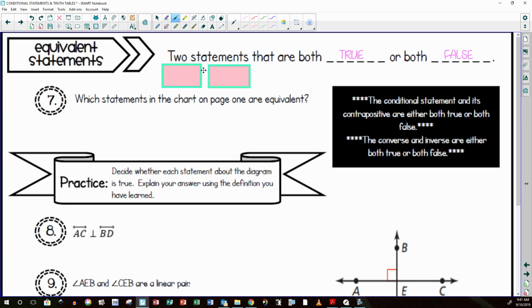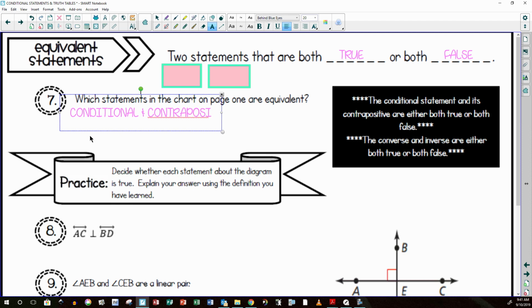So we know that the conditional and the contrapositive, they were both true, and the converse and the inverse were both false. So both of these, let me go back up here, both of these were true, and in this case, both of these were false.